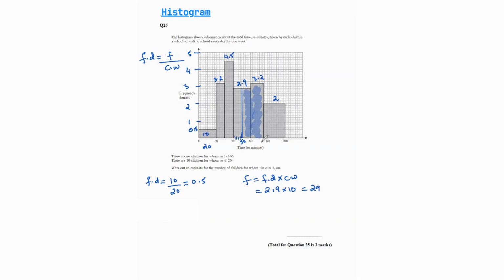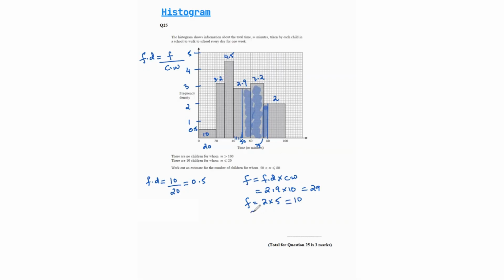Now for the second shaded bar, we can see that 80 is coming over here, by the way. So you missed out this shaded part. Now for this part, frequency is going to be, this is 75. So this is going to be 2 times 5, which is 10.